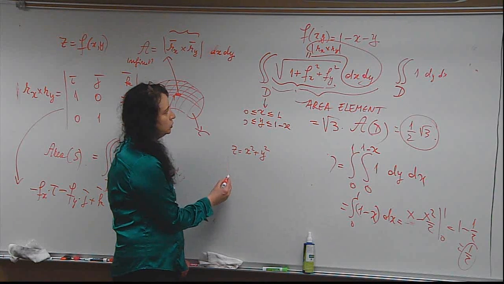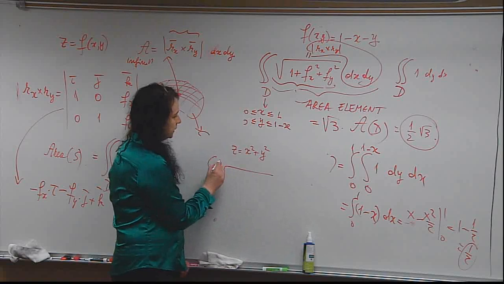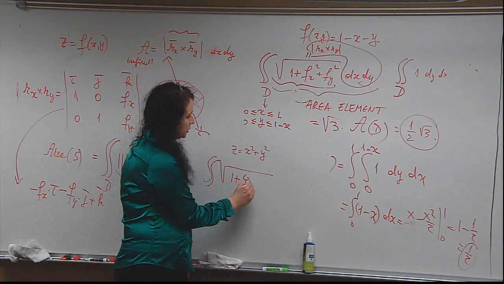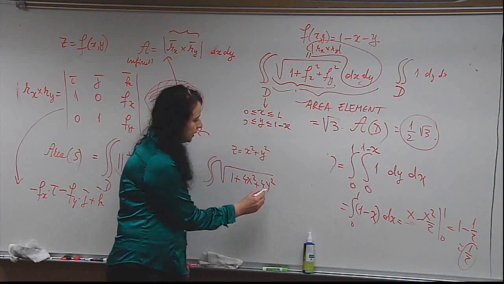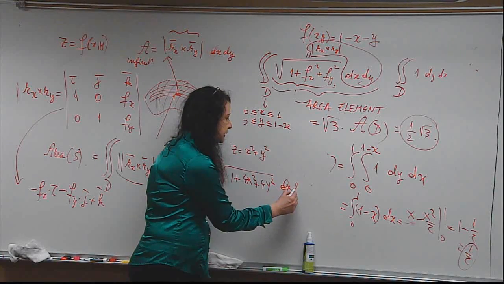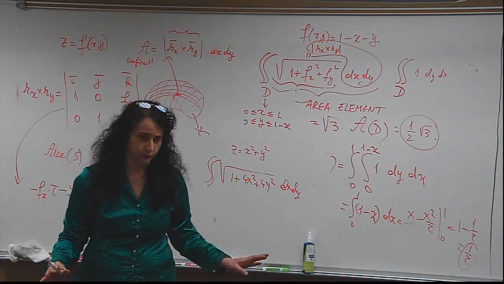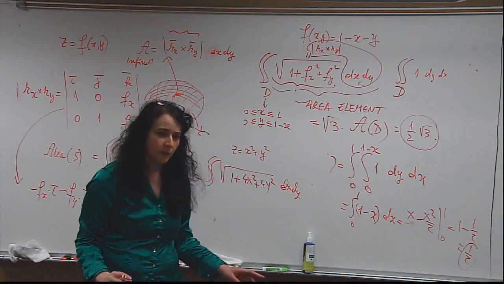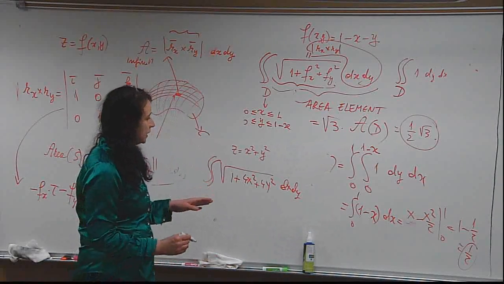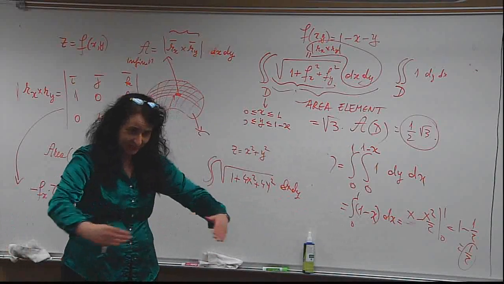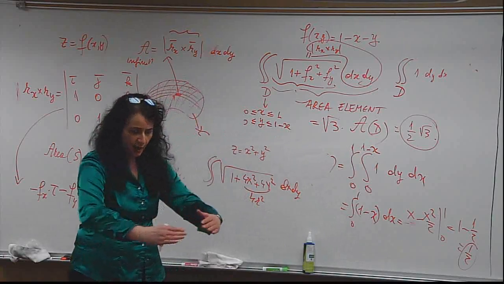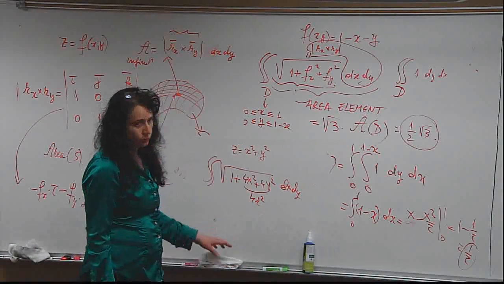You would have to do the square root double integral of 1 plus 4x squared plus 4y squared. If you were to do that in a rectangular domain, you just kill yourself. With polar it's easy, but what if the domain is ugly? If it's a round domain, like a disk, you switch to polar and you say, thank God I'm above a disk, but otherwise it would be really hard.